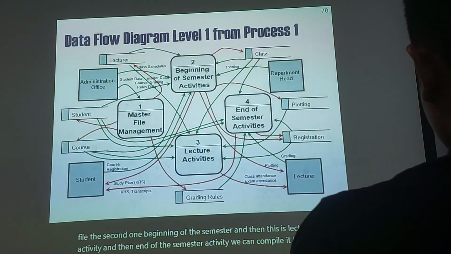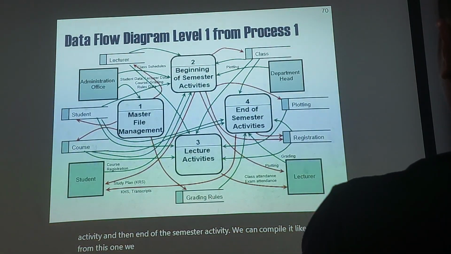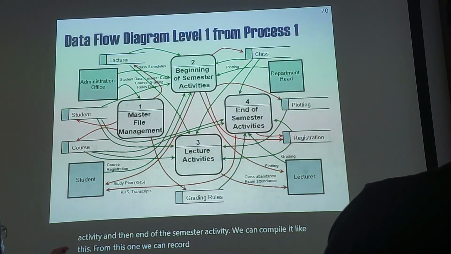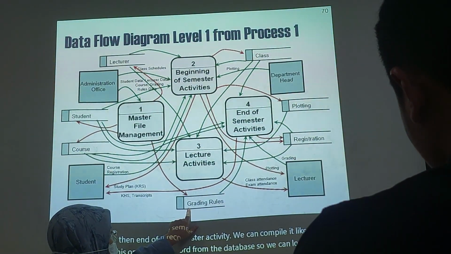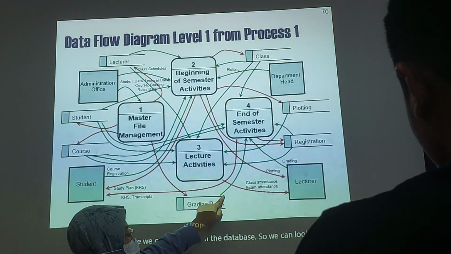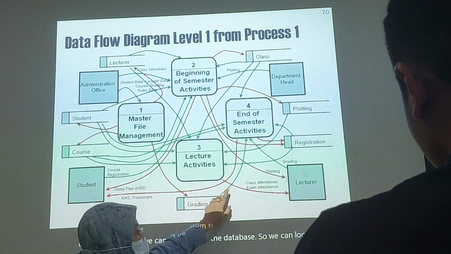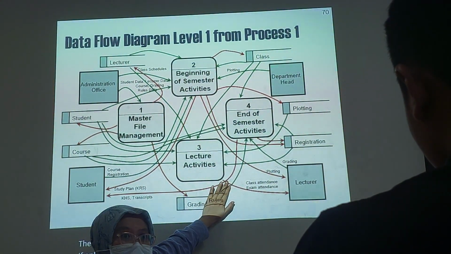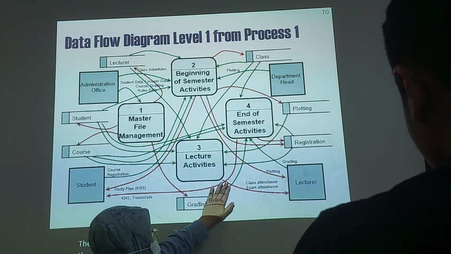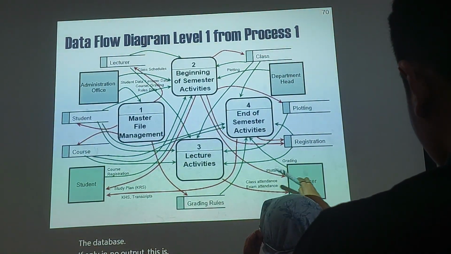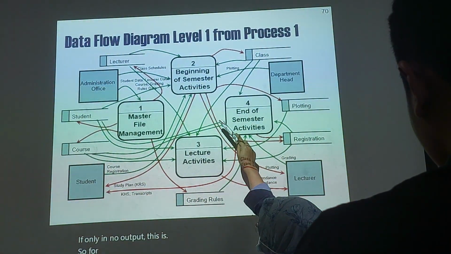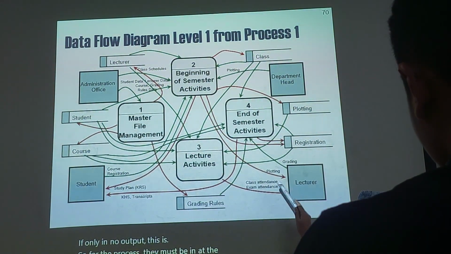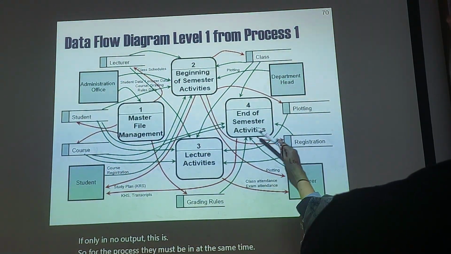From this one, we can recognize daily any mistake from the database. So we can look at it. The database must be on. If there is only input and no output, this is a black hole. Okay. So for the process, it must have input and must have output.